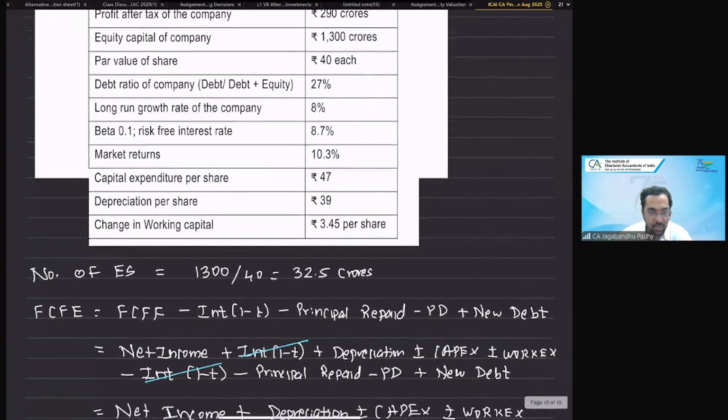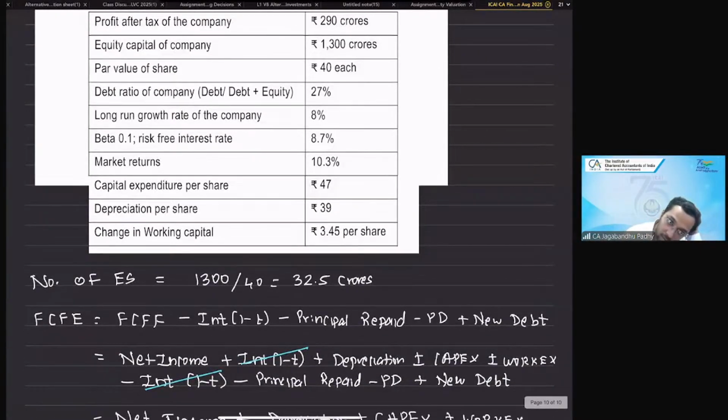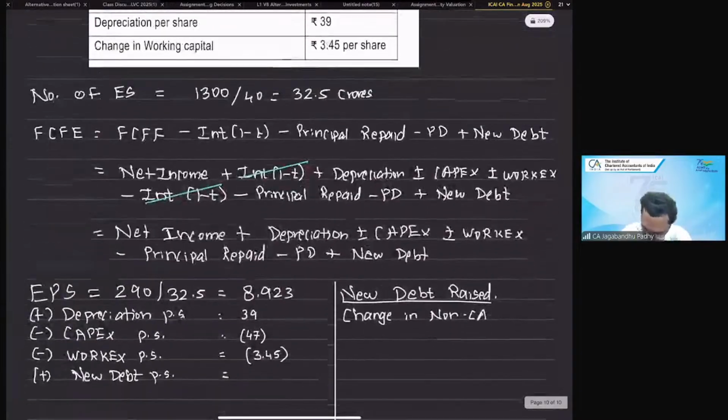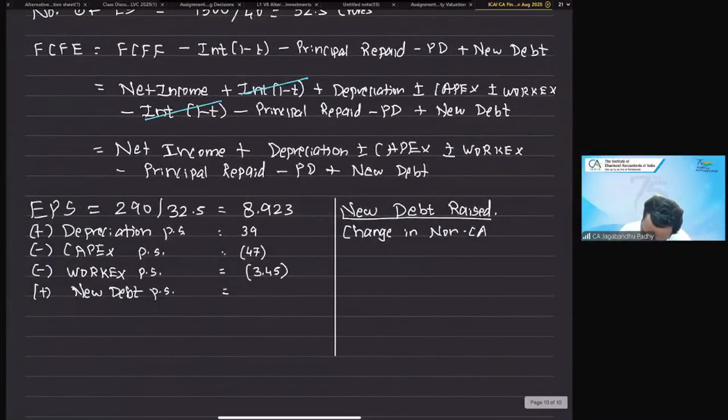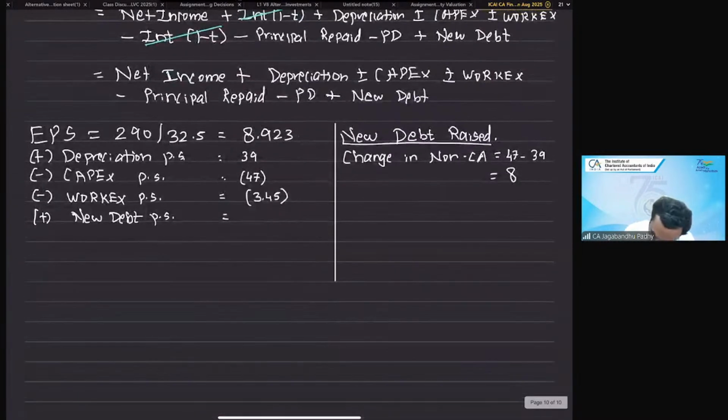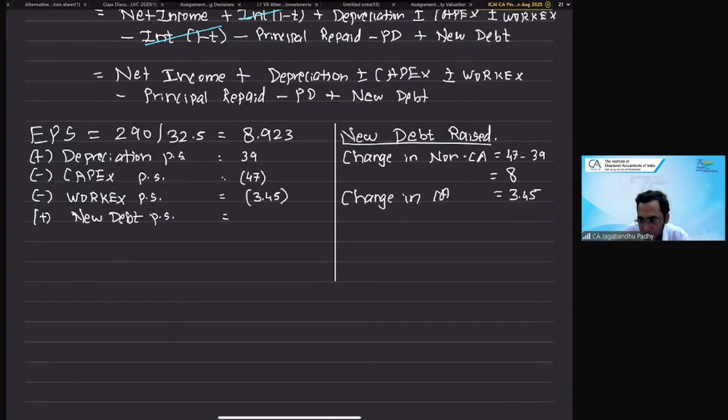So you're having an expenditure of 47 and a depreciation of 39, so the net change in the non-current asset is 8. And also you have a change in current assets to the tune of 3.45. So total change that we have is 11.45.